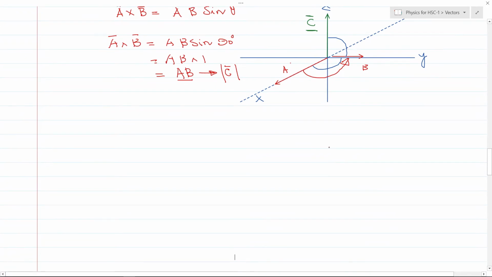Now let us discuss equilibrium. What is the meaning of equilibrium? Let us take an example. Say there is a body of mass m resting on a table.